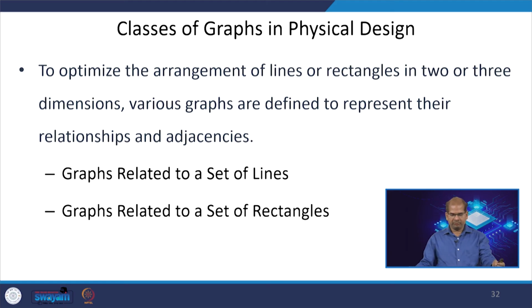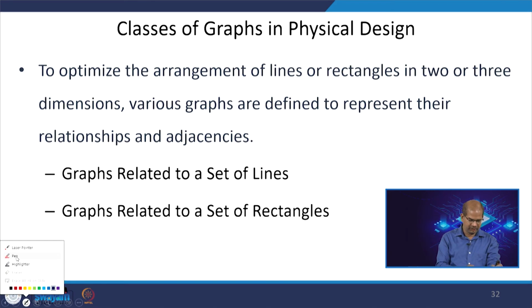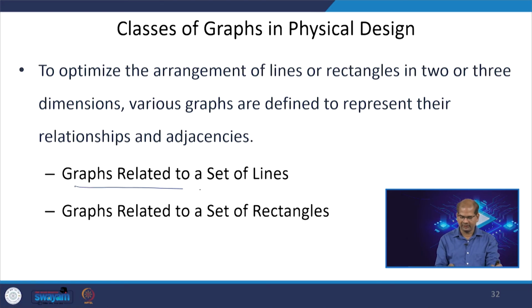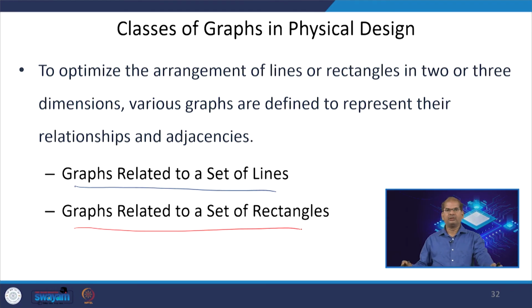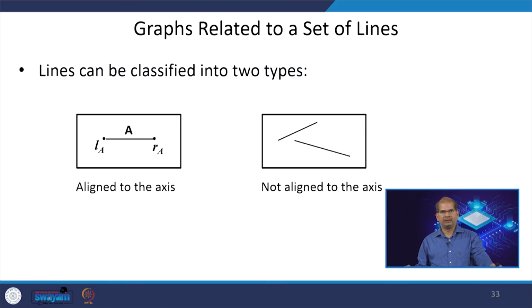Basically, we have two different types of graphs in VLSI physical design: the graph related to a set of lines and the graph related to a set of rectangles. How different graphs can be there in VLSI physical design, we will discuss one at a time.